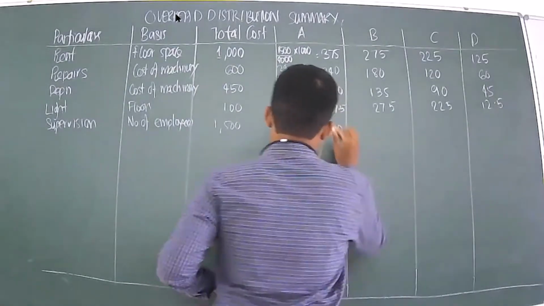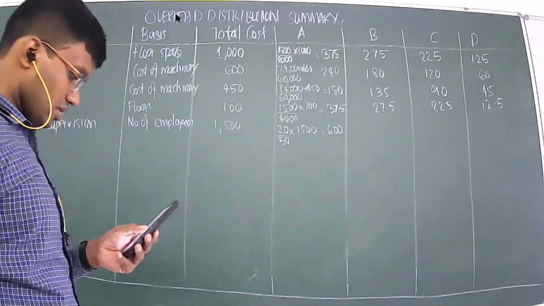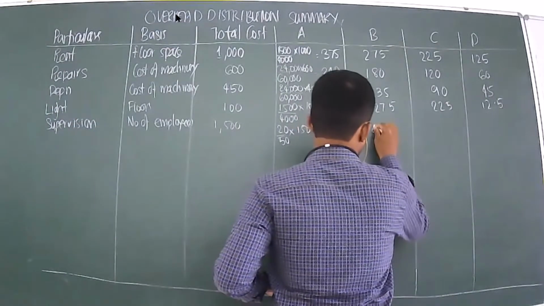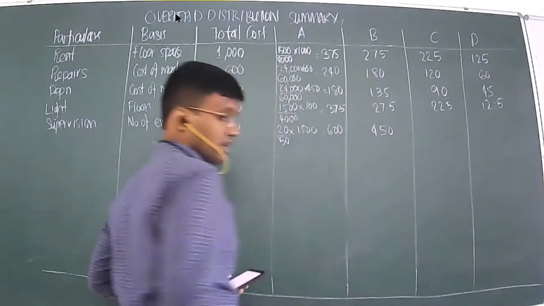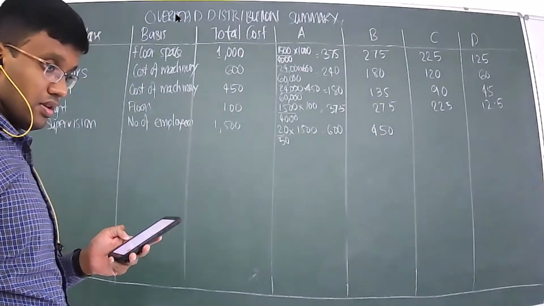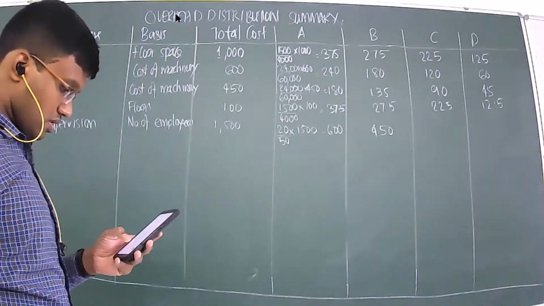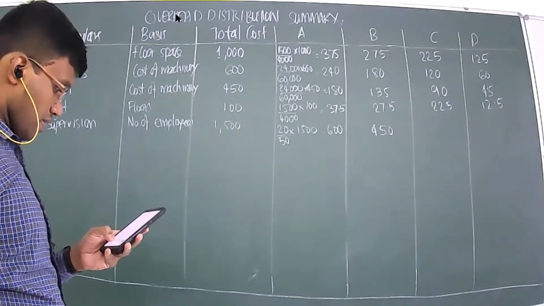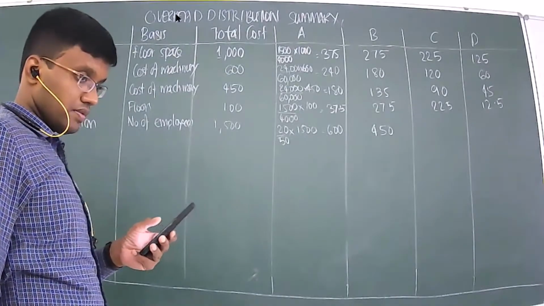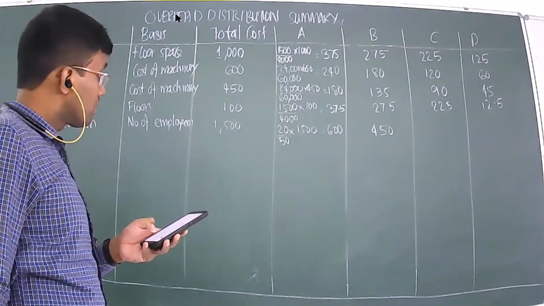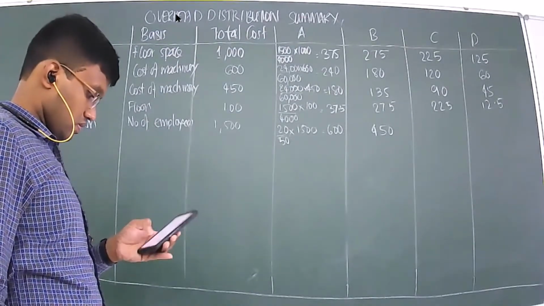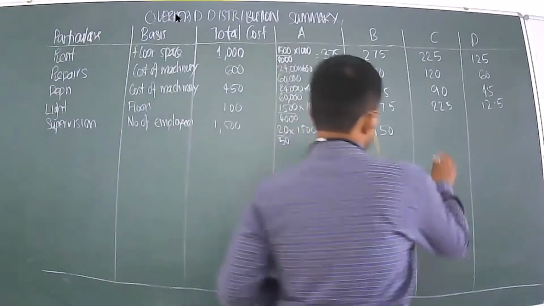Here it is 600. This will be 450. This will be 300.